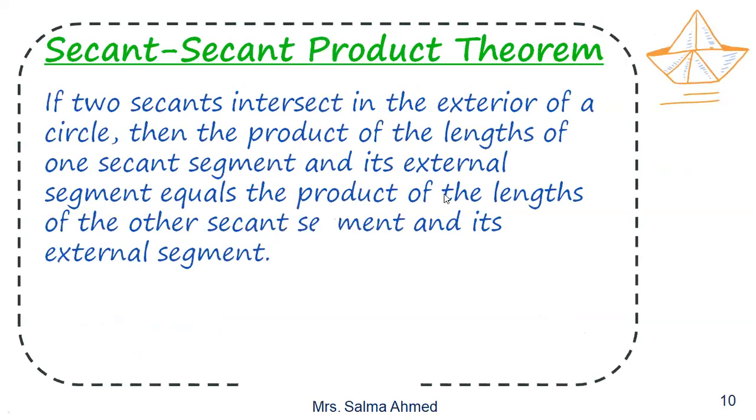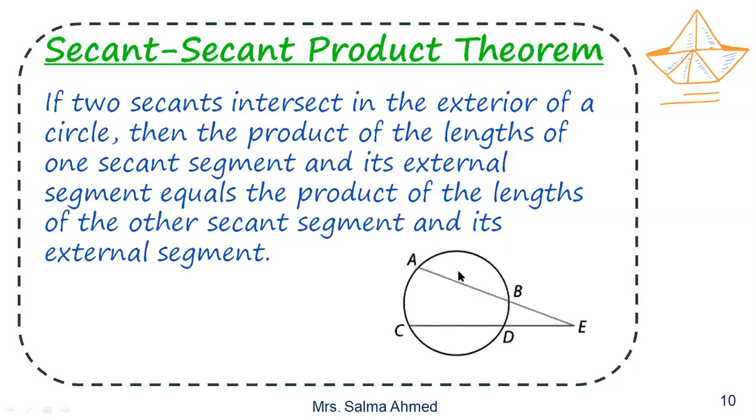Let's see, the theorem is saying if 2 secants intersect in the exterior of a circle, then the product of the length of one secant segment and its external segment equals the product of the length of the other secant segment and its external segment.